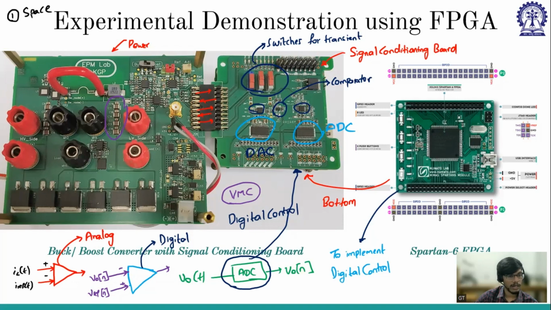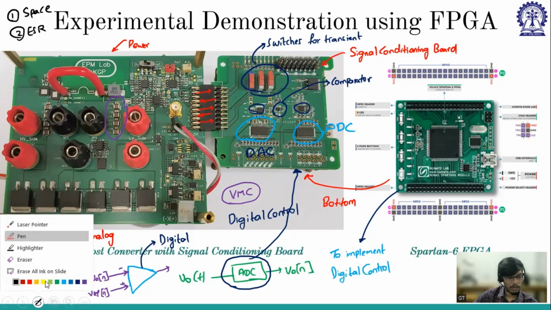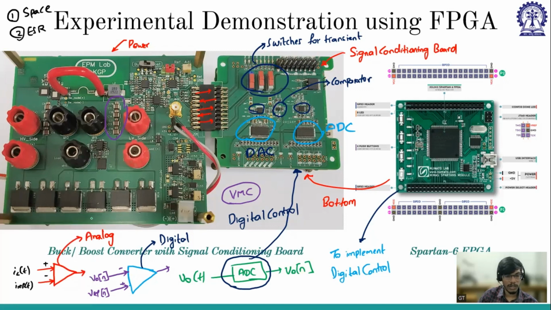If you're fine with that, then that is fine. The other one is ESR. If you increase the number of capacitors, your ESR will reduce but space will increase. If you decrease the number of capacitors, your space will reduce but ESR will be higher. So it is up to the designer how many capacitors he wants to put.